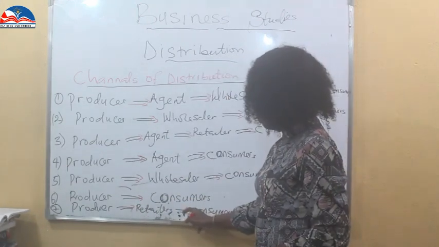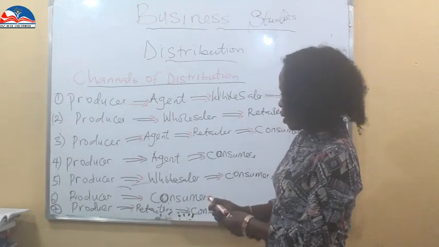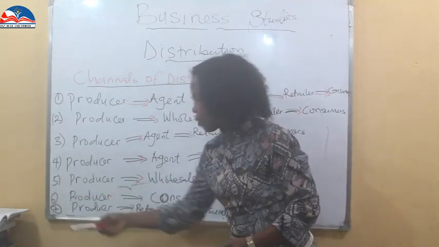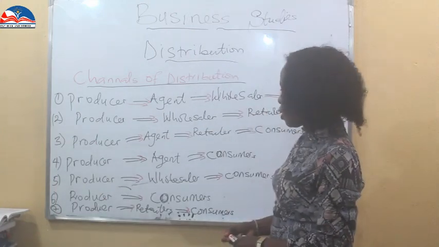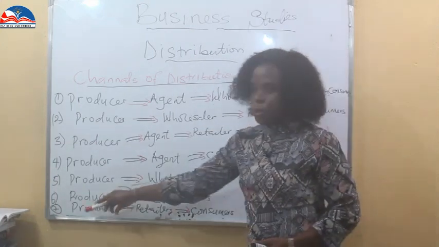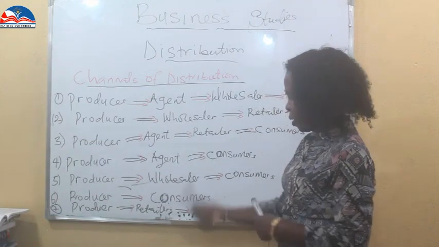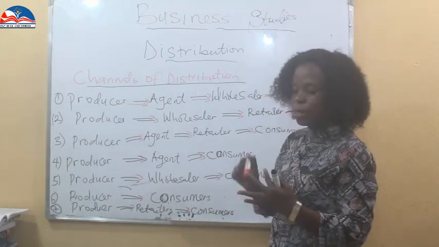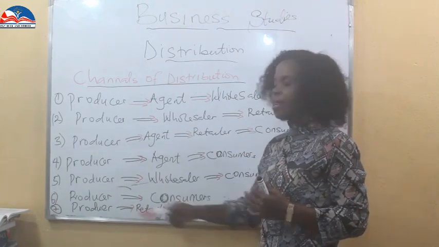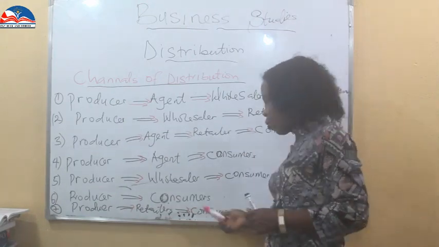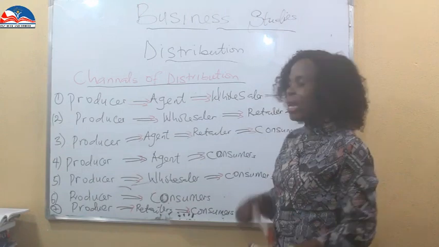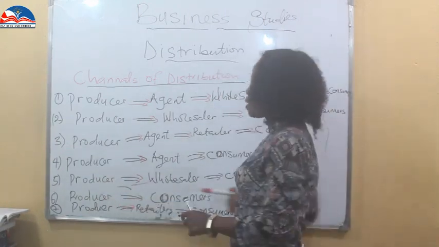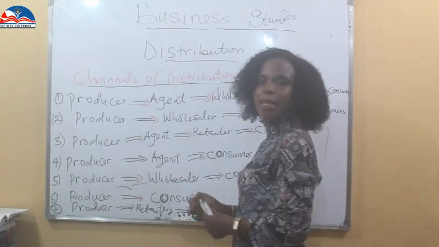In our 6th channel, the producer is the first who brings out the product. Then the retailer omits the agent, omits the wholesaler, and goes directly to the producer, then buys and connects his customers. Then the final process is where the producer connects consumers directly.